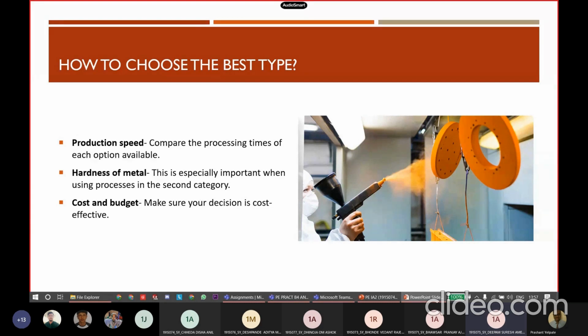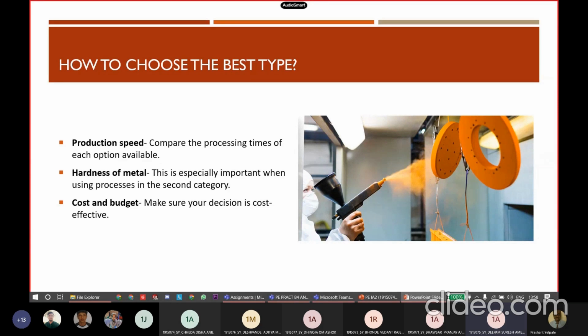Some processes might not be as effective based on the hardness, because if the material is very hard, removal processes are usually preferred instead of adding. You also don't want to go too hard with softer materials, as this could result in damage on the part that may be difficult to repair.